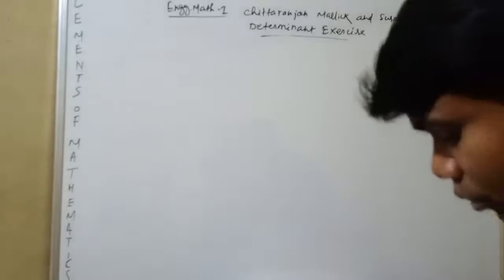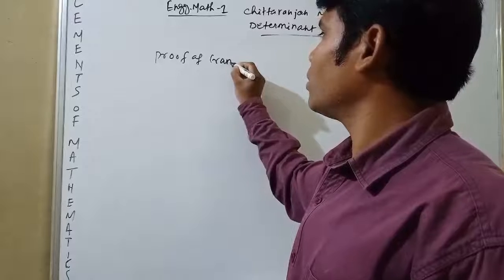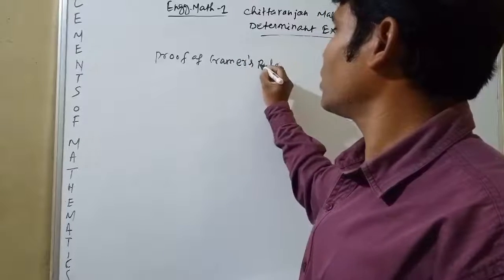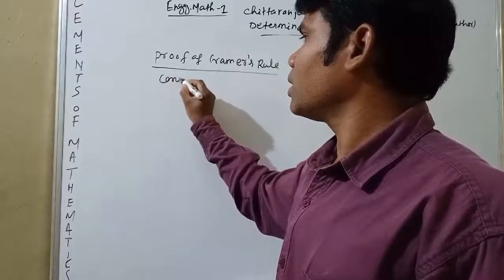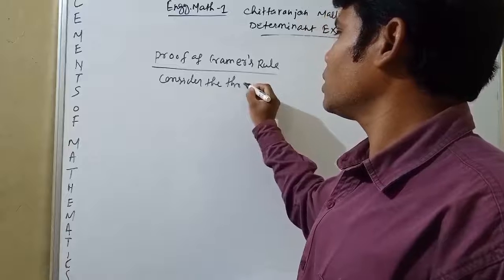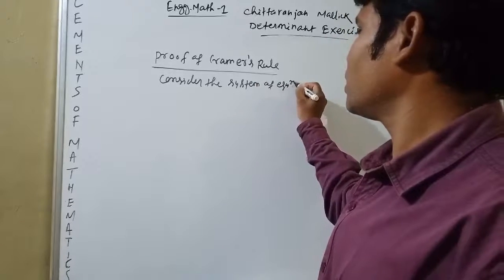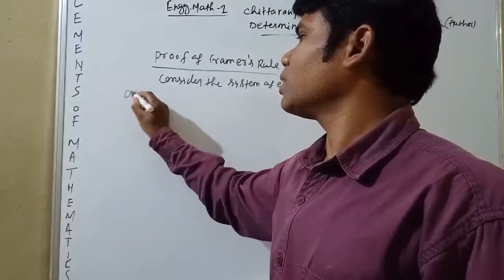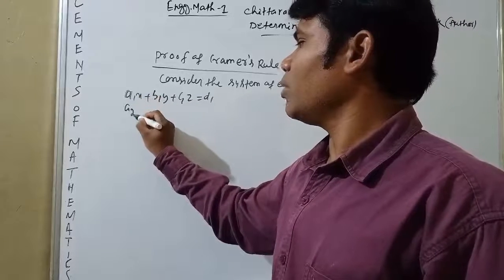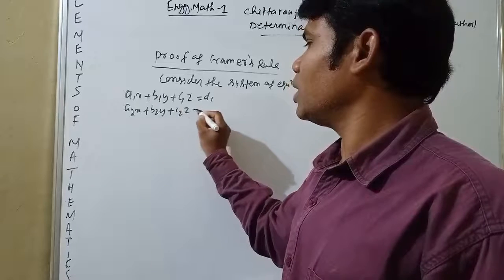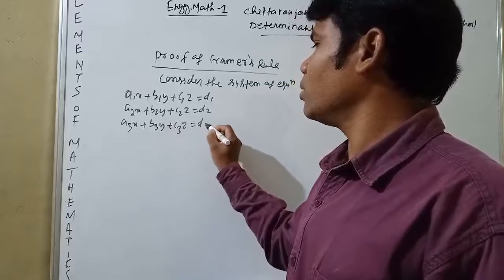Let us see how to prove Cramer's rule. Consider the system of equations: a1x plus b1y plus c1z is equal to d1, a2x plus b2y plus c2z is equal to d2, a3x plus b3y plus c3z is equal to d3.